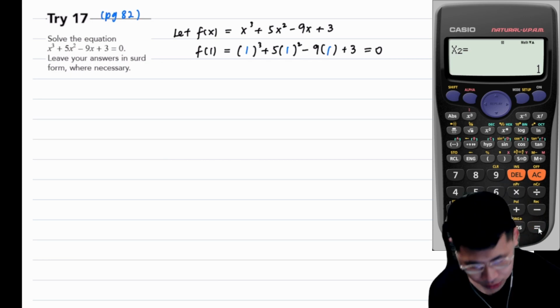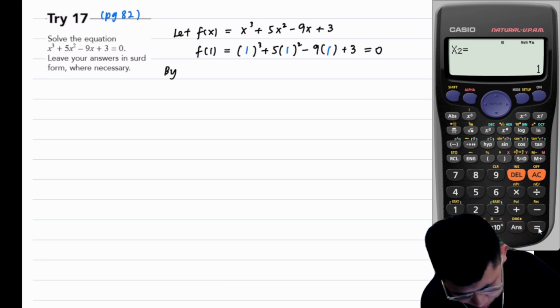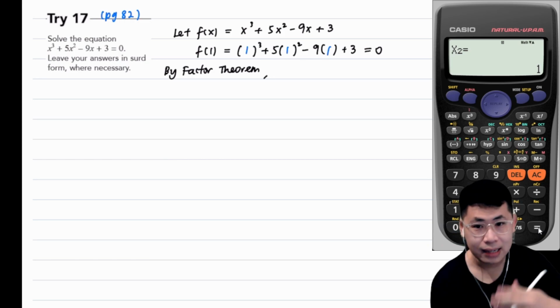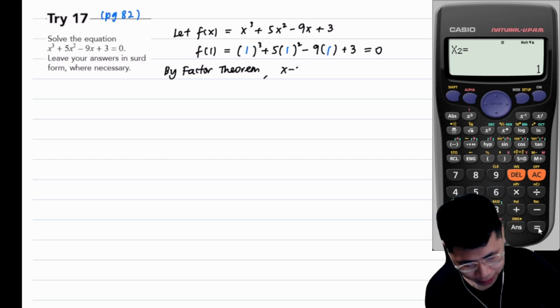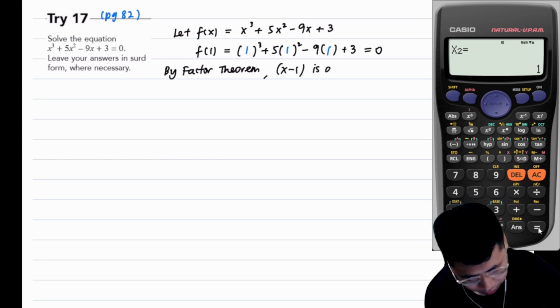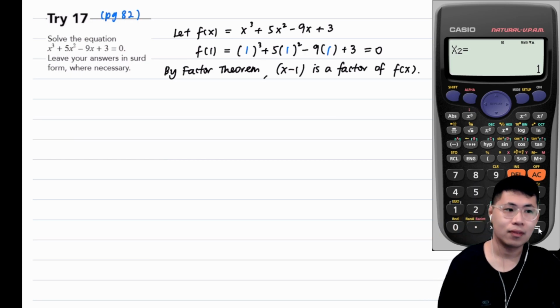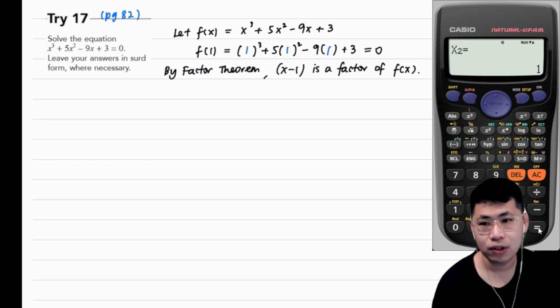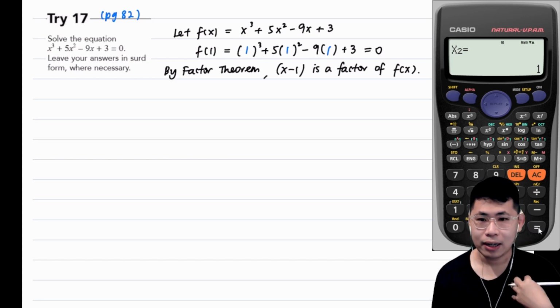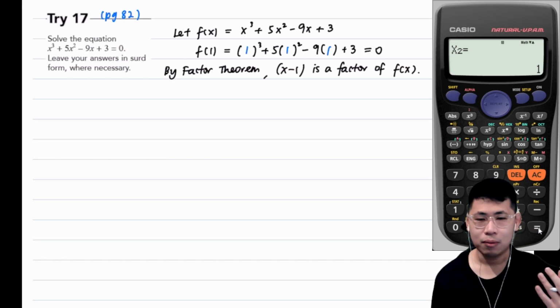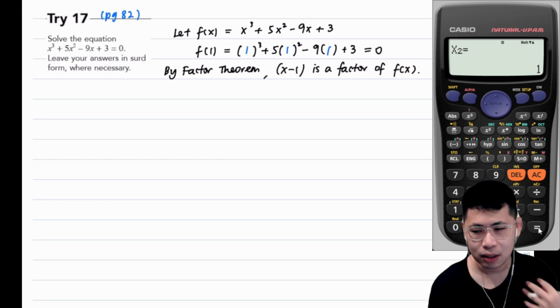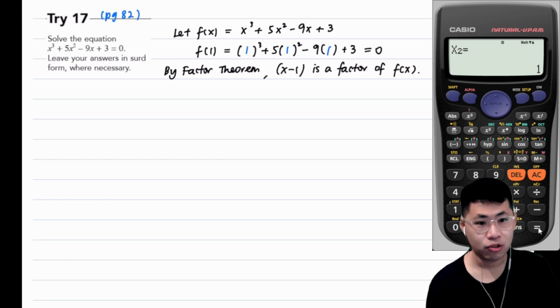So by factor theorem, because x is 1, x minus 1 is a factor of f(x). Okay, so far we've got our first root out. Now I'm going to do my method 2, comparing coefficients, the shorter method, to get my quadratic factor out.